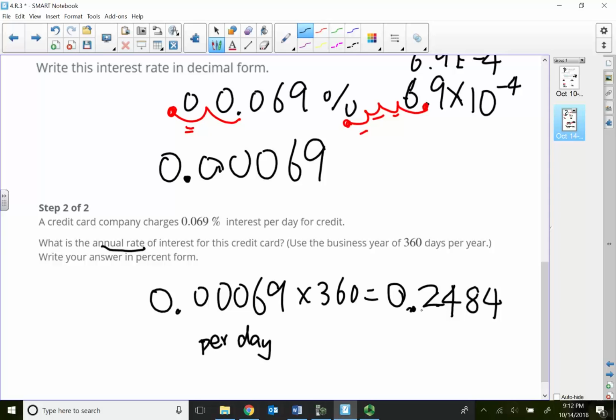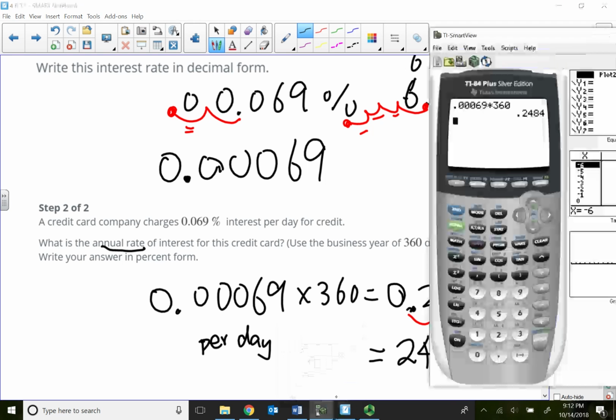All right, so this is not a percent yet unless I move my decimal to the right 2 places or times 100. So my answer is actually 24.84% for this problem.